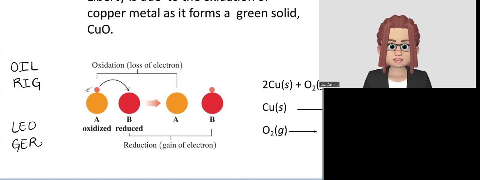In OIL RIG, it means oxidation is losing electrons. RIG, reduction is gaining electrons. In LEO GER, it says losing electrons oxidation, gaining electrons reduction. So this is just a way in which you can remember what is oxidation and what is reduction.